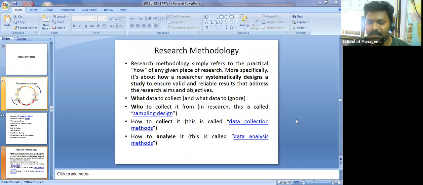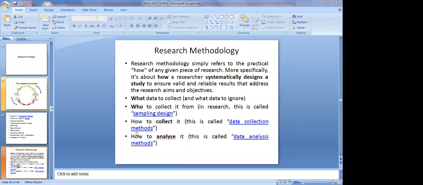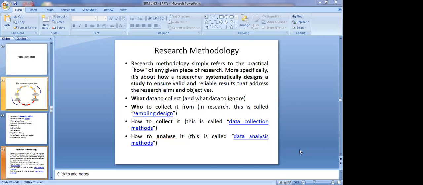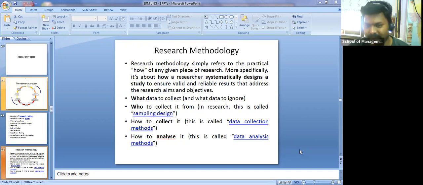Okay. So it includes what data to collect, from whom you need to collect, and how we need to collect and how to analyze the data.